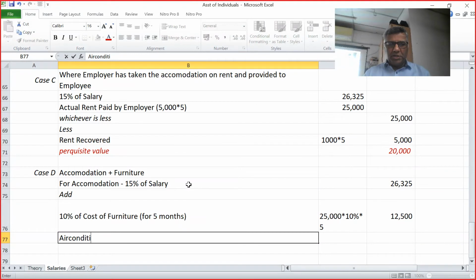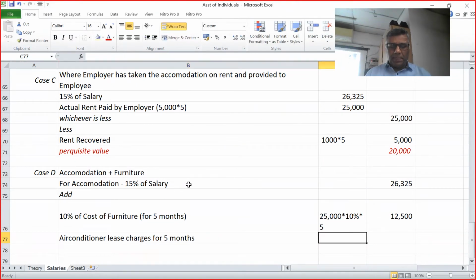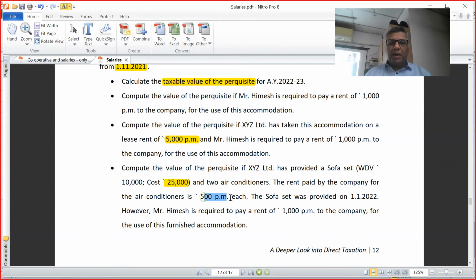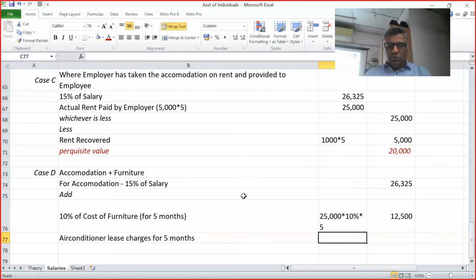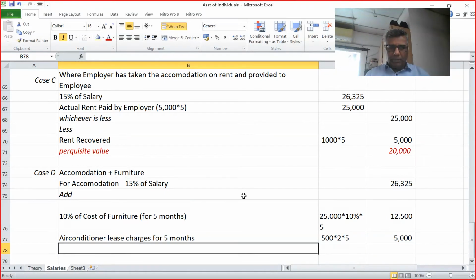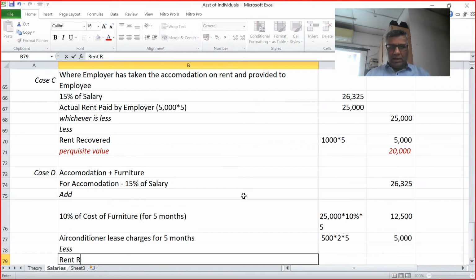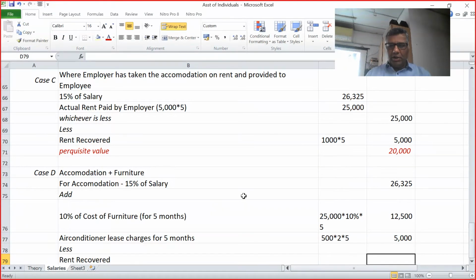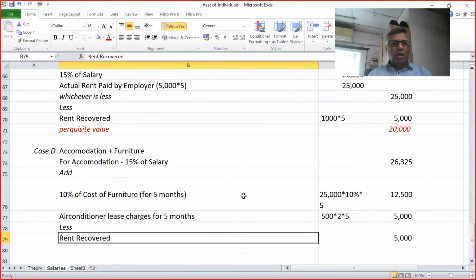Air conditioner lease charges for 5 months, 500 per month each. 500 into 2 into 5. Yes, rent recovered, we all know 1,000 per annum. 10% is per annum.